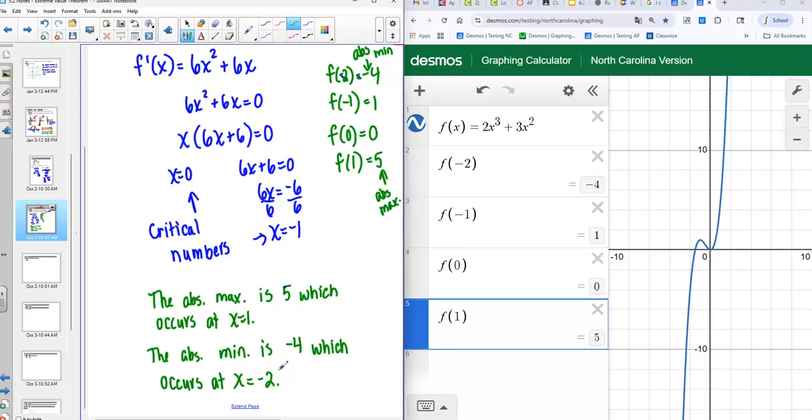So actually both your answers end up being the endpoints on this particular function, right?